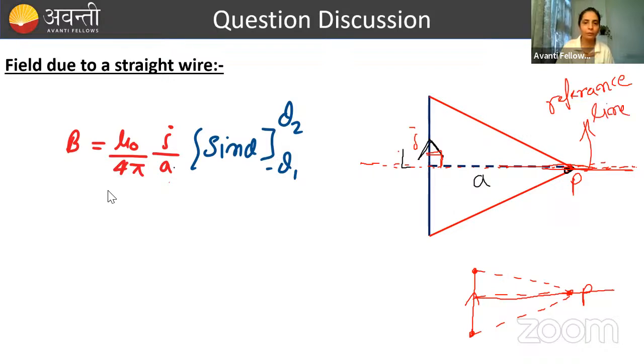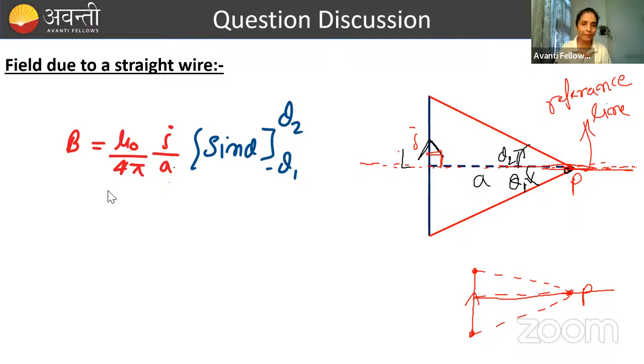So angle measurement from here. Again, you know that if we measure angle in the clockwise direction, it is taken as positive. If we measure angle in the anti-clockwise direction, it is taken as negative. यहाँ पे देखो, this angle is theta1, this angle is theta2. So which angle by sign convention will be positive and which one negative?